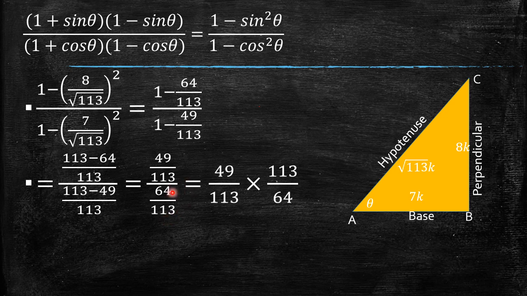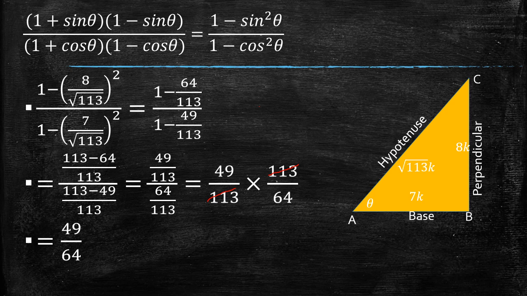Now when 64 upon 113 goes up, it becomes the reciprocal. So you get 49 upon 113 into 113 upon 64. 113 and 113 will cut down and you get 49 upon 64. So this is the value of the first expression.